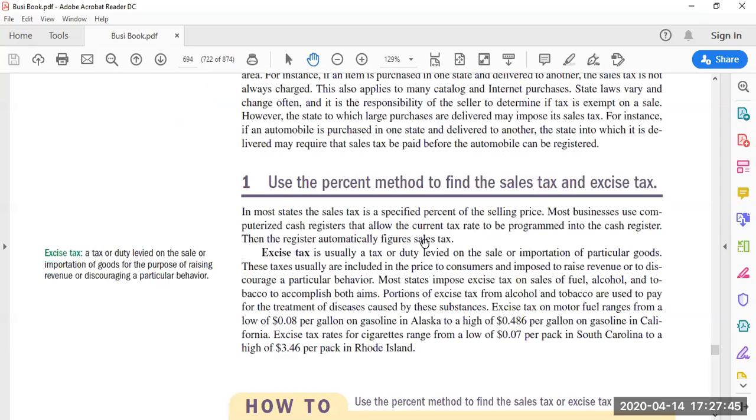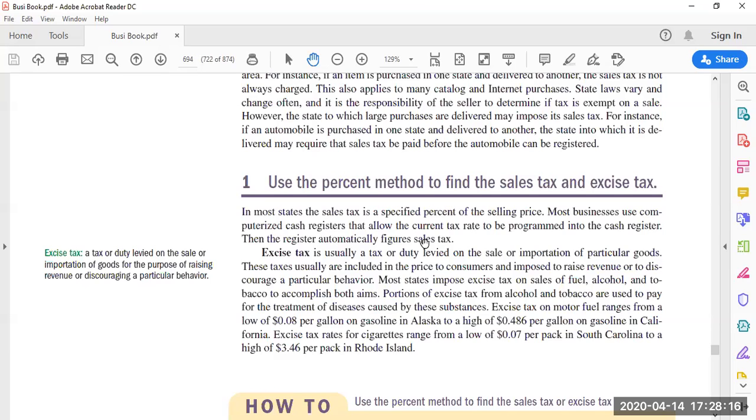Okay, the excise tax, let me talk about that for a second. An excise tax is a tax that is levied on certain types of products. And usually these are products that the city, state, or municipality would prefer that that product is not sold or used, and they try to discourage it by imposing an excise tax on it.